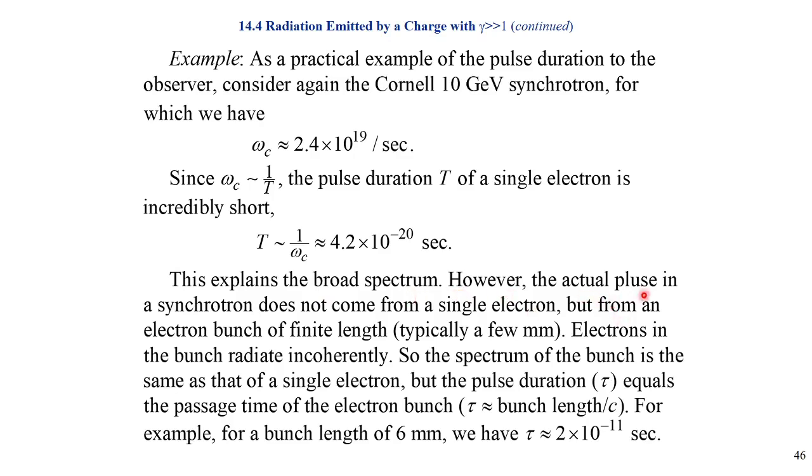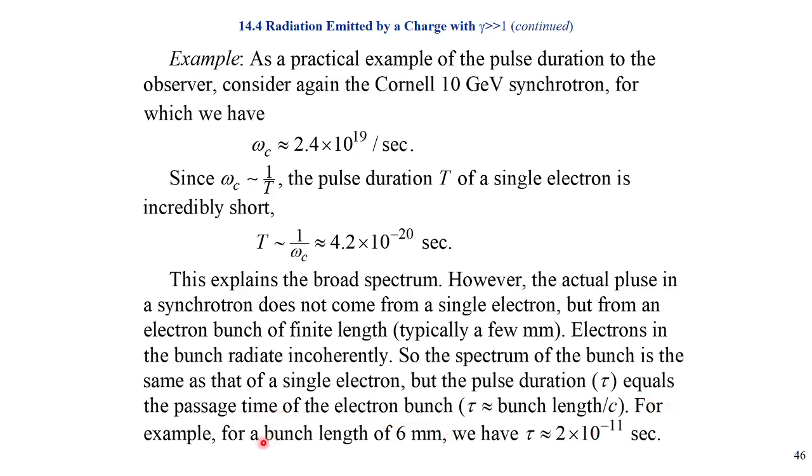However, the actual pulse in a synchrotron does not come from a single electron, but from an electron bunch of finite length. Keep this in mind. This electron bunch consists of many electrons. Each electron in the bunch radiates incoherently, so the spectrum of the bunch is the same as that of a single electron, but the pulse duration equals the passage time of an electron bunch.